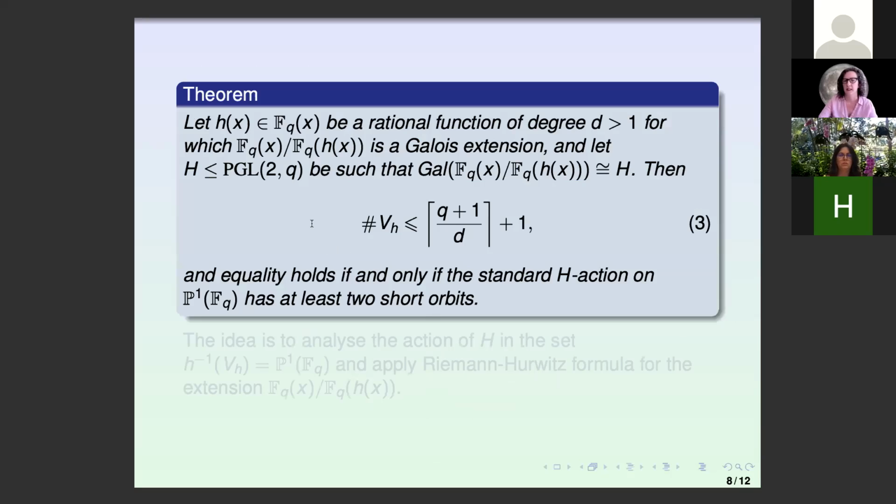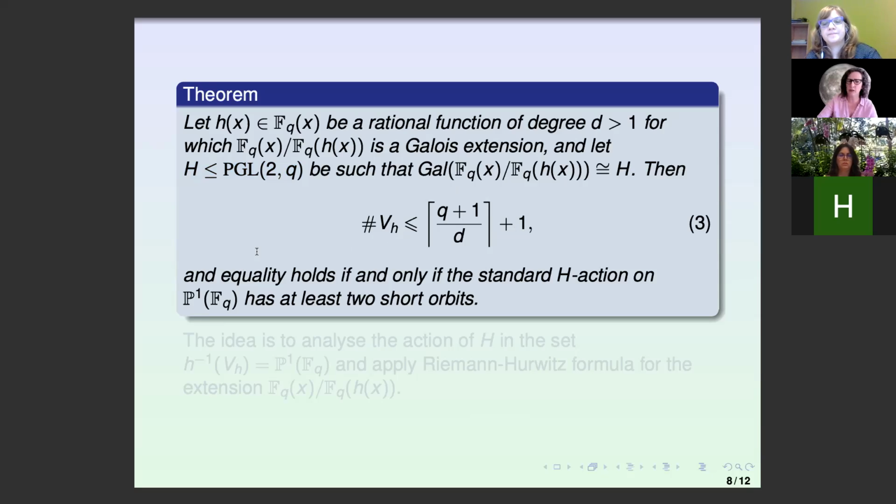Okay, and you can prove this. Now we start with a rational function such that this is a Galois extension. So we know that this is a Galois extension, and then we have the subgroup here, such that this is the subgroup that gives you the Galois extension. In this case, the value set of your rational function is at most (q+1)/d plus 1.